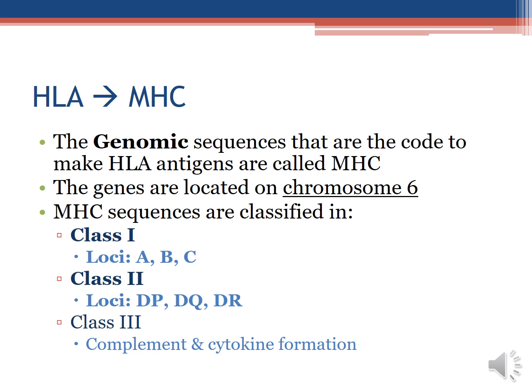Class 1 is located on loci A, B, C. Class 2 is on loci DP, DQ, and DR. And then class 3 covers complement and cytokine formation. This makes up the different components of our complement and things like tumor necrosis factor, etc. We'll be mainly focusing on class 1 and class 2 during this lecture.